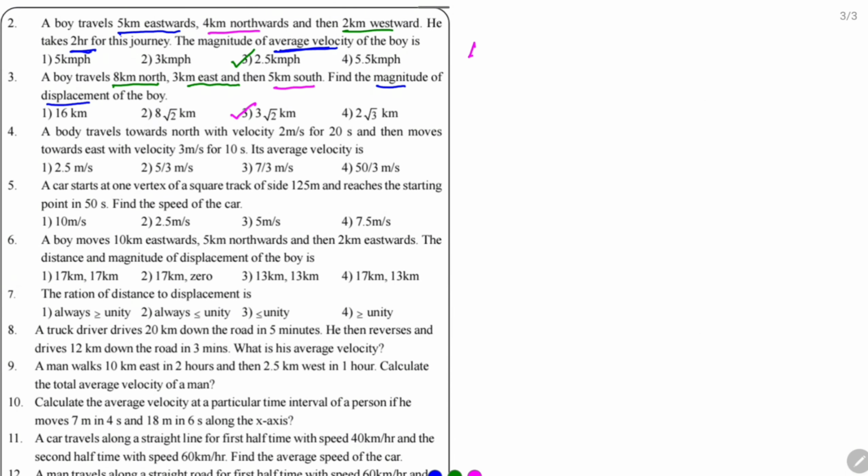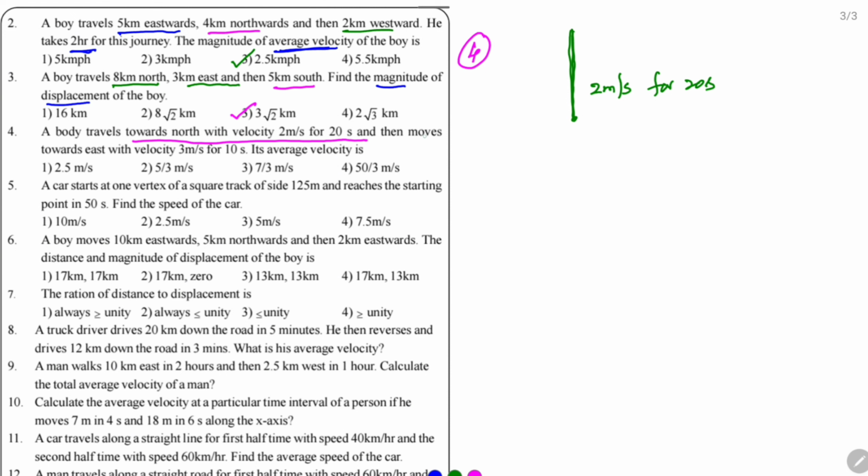Question number 4. The body travels towards north with a velocity of 2 meter per second for 20 seconds. So from here the body is moving towards north. First it is moving towards north in this way, with a speed of 2 meter per second for 20 seconds.